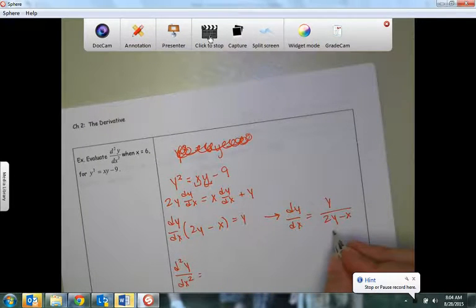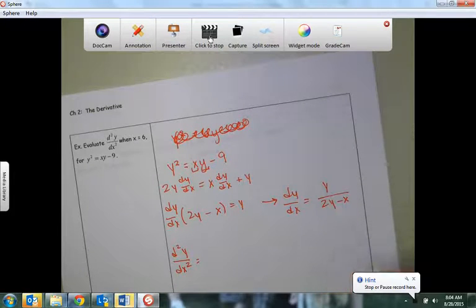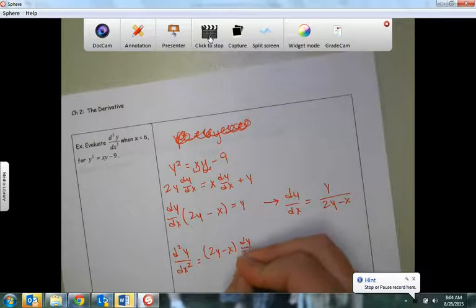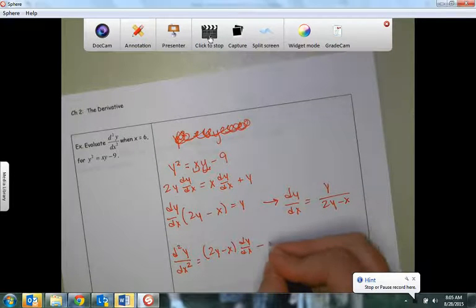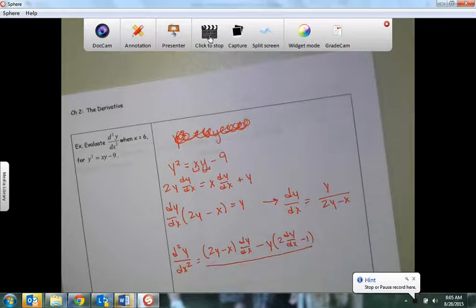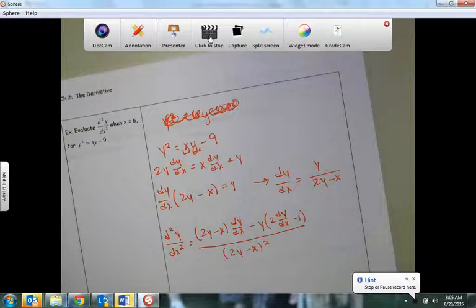Now, to take the second derivative, I have to do my quotient rule. Low d high minus high d low all over low low. So everywhere I see a dy dx, I have to go put that back in.